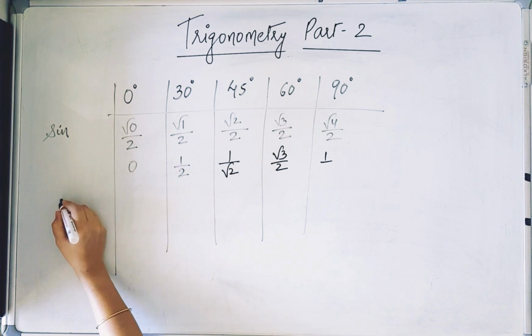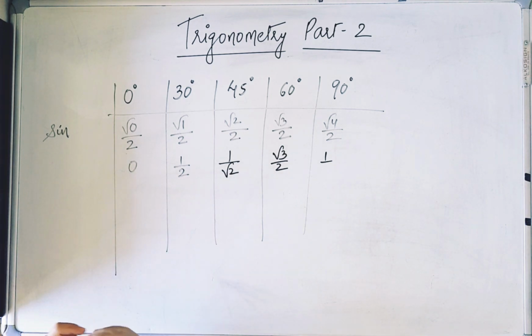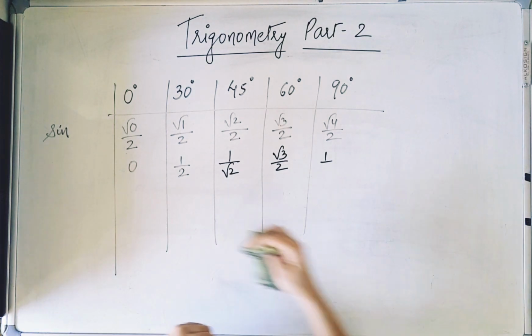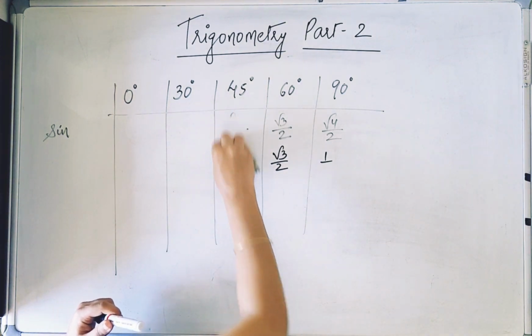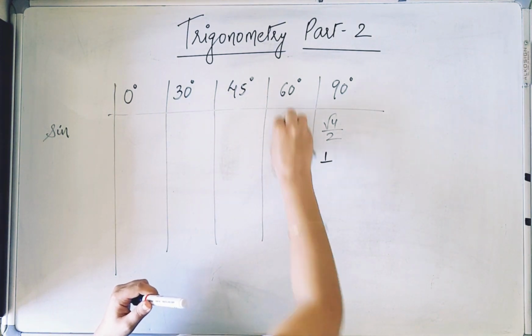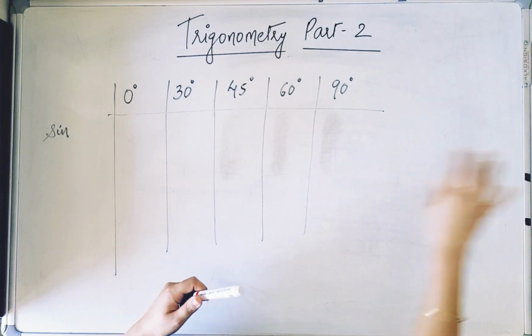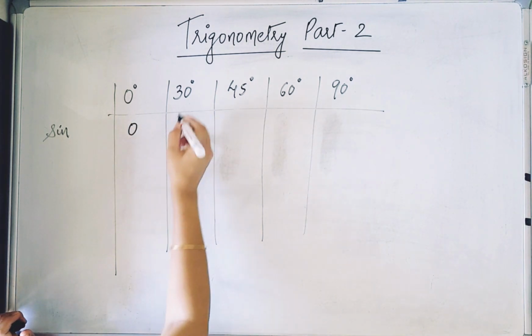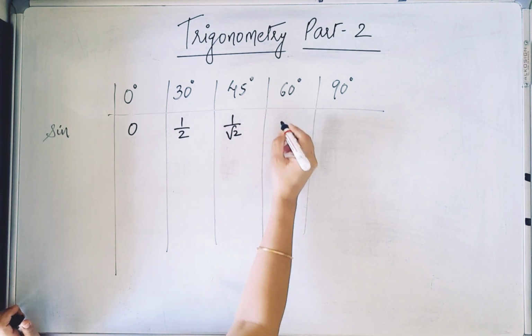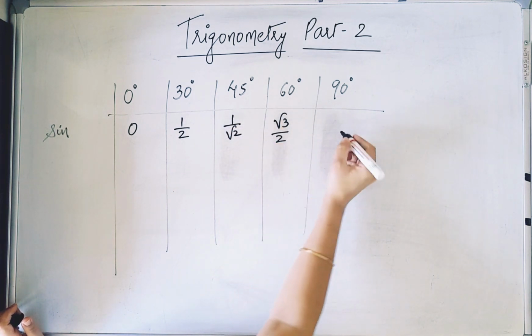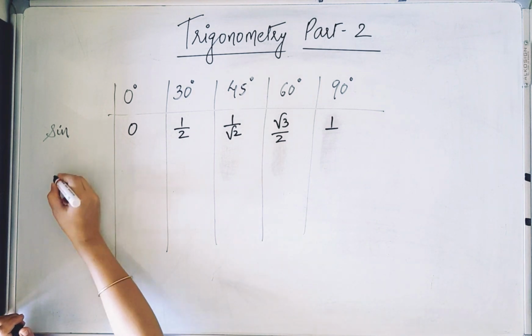So the values we have got: sine 0 is 0, sine 30 is 1 by 2, sine 45 is 1 by √2, sine 60 is √3 by 2, sine 90 is 1.